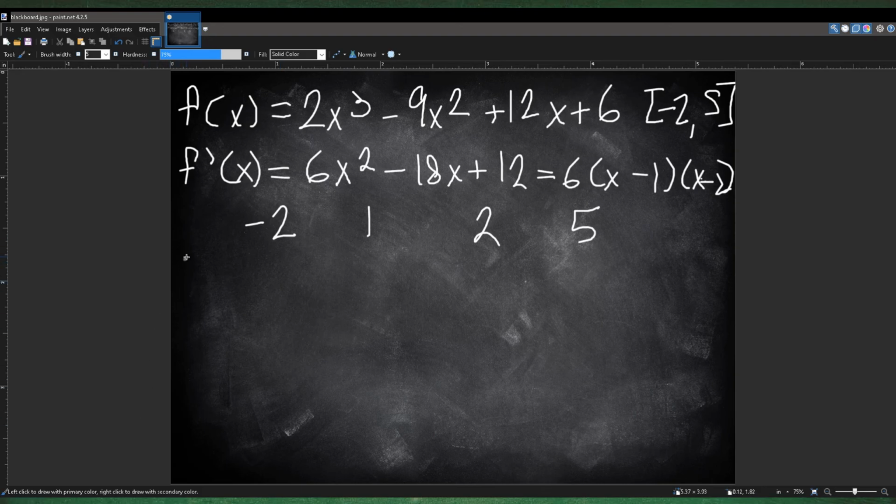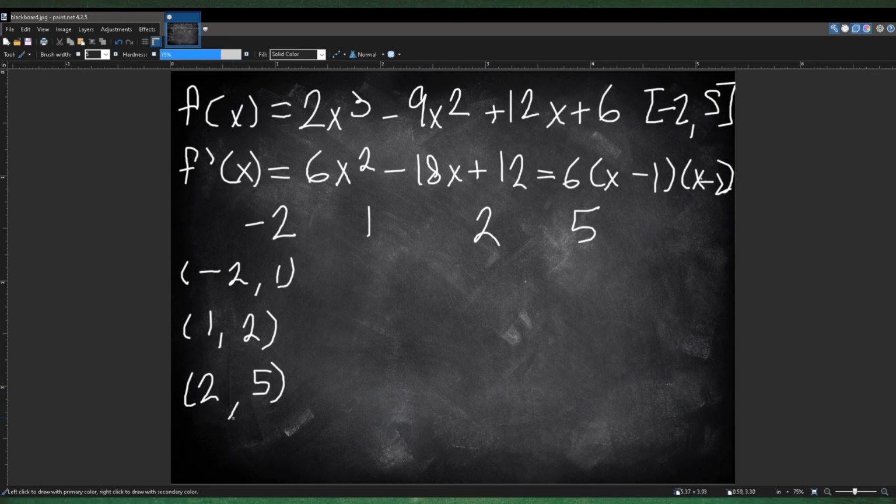So our order would go from -2 to 1, 1 to 2, and 2 to 5. So we have these three intervals that we have to check.